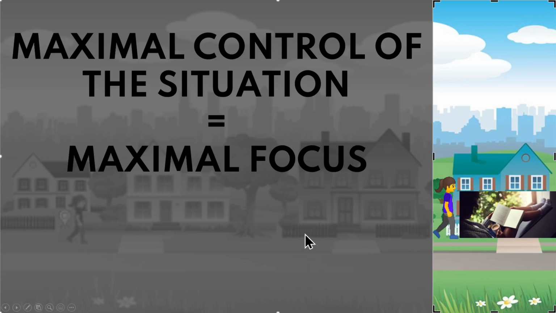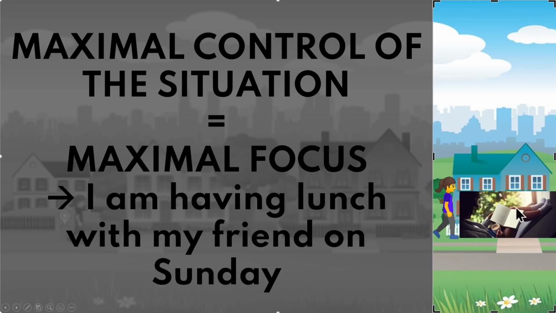We could say that we can imagine ourselves doing the thing, in this case reading a book, and because we are already there, we can control everything that has to be done in order to be successful at reading our books. Because we are already there, we can control everything, and that is a maximal focus, not on the trajectory, not on anything that has happened before, but on the event itself. So we would say that that's a maximal focus on the event.